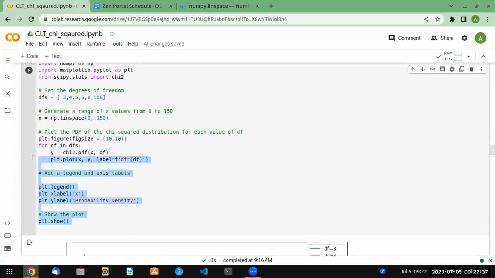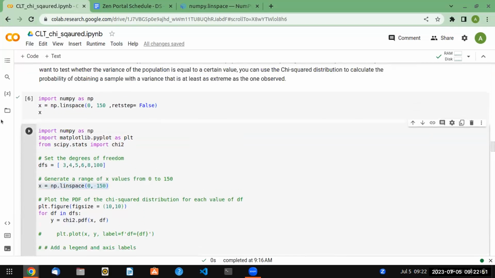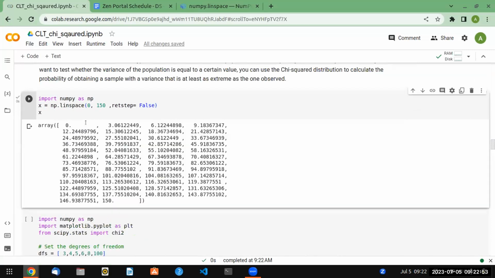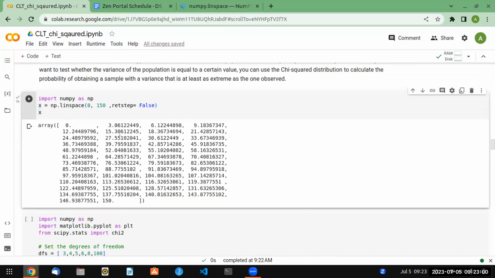We have 3 values in X, right? We have 0 to 150 with 50 points at an interval. This is my X, and these are the 50 points on the X axis.